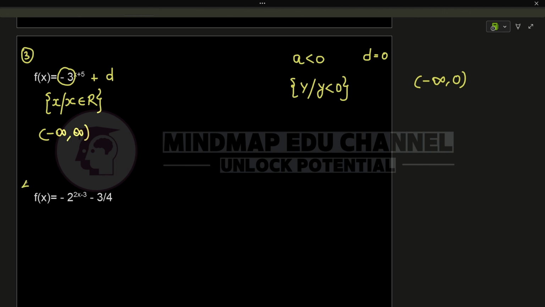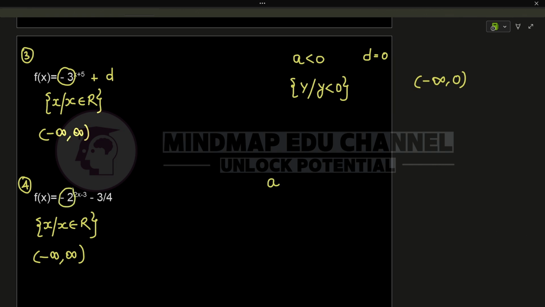Let's check the next function, where f(x) = minus 2 raised to (2x minus 3) minus 3/4. As we know, the domain of any exponential function is the set of x values such that x is a set of all real numbers. And in interval notation, the domain is from minus infinity to plus infinity. To check the range, check the value of a.